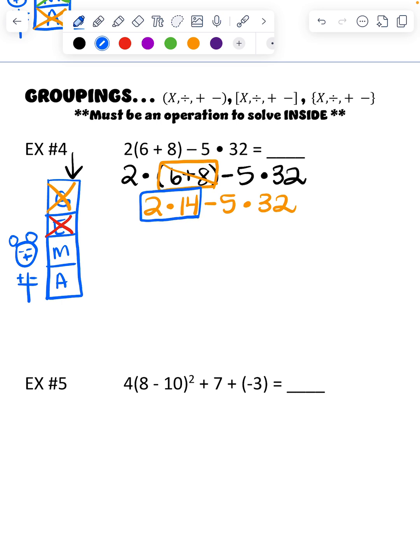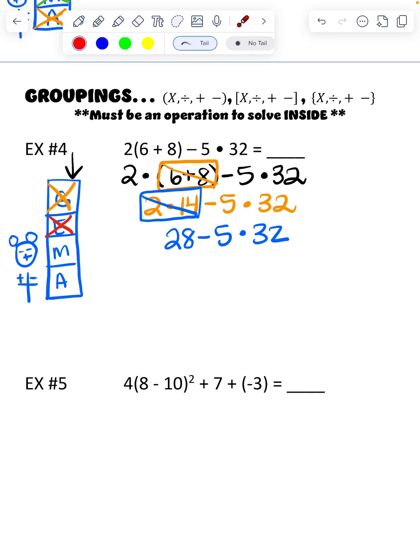Notice that I only ever solve 2 numbers at a time. I never do more than one step at a time. So 2 times 14, they're both just regular positive numbers. 2 times 14 is 28, and I cross it off and rewrite everything outside of my box.